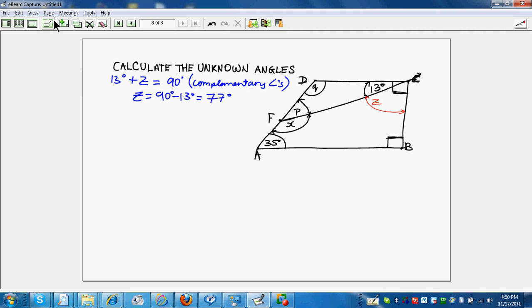So even though they didn't ask us for it, we are finding it because we know if we find it, it could help us to work out the rest of the question.